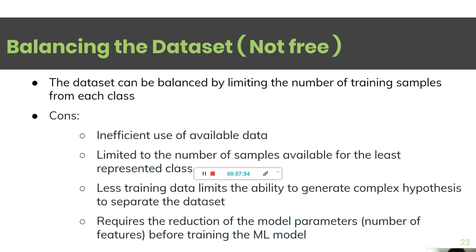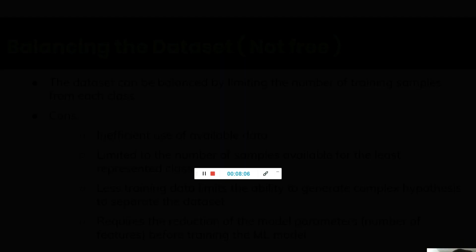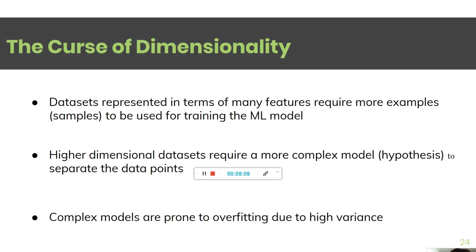Because the more features, or the more model parameters you have representing your data samples, the more samples you will need for training the machine learning model. Another issue facing us is the curse of dimensionality. We looked at the 3 different feature sets that we have, and 2 of them had 20 features or more, and these are relatively high dimensional data samples.